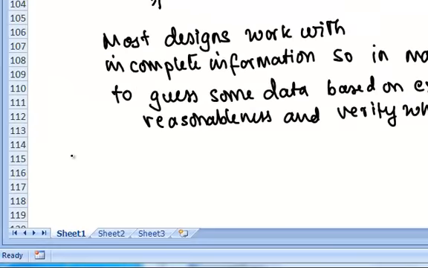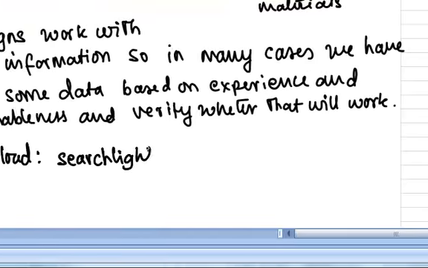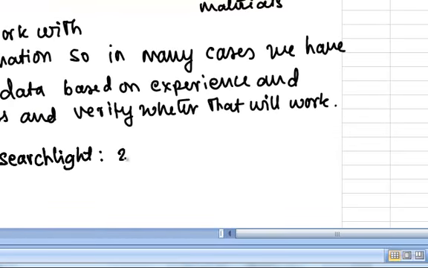Okay, so step number 1 for our process is identify load. In this particular case, it is the chandelier or the searchlight. And we are going to assume it's about 200 kilograms. How do I know? I know that really big searchlights are extremely heavy. It's not just one light, there are multiple lights, and by the time you hang it all up, it's probably about 200 kilograms.